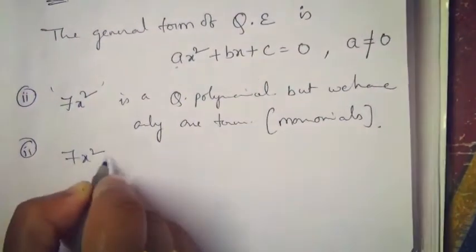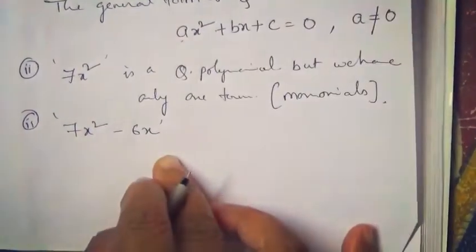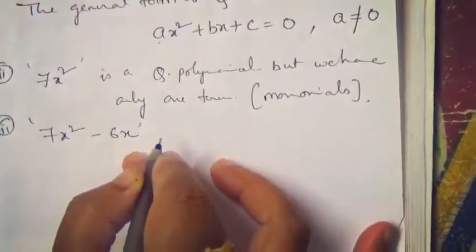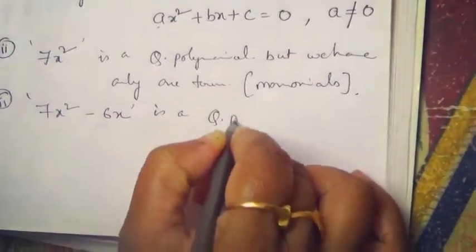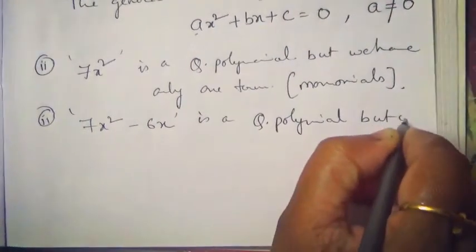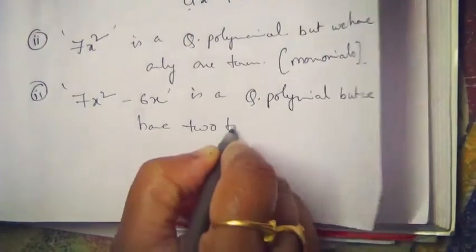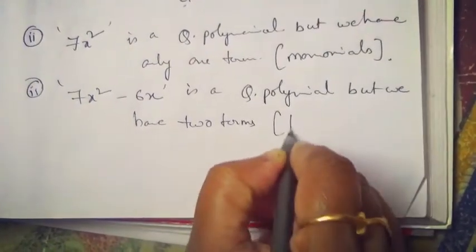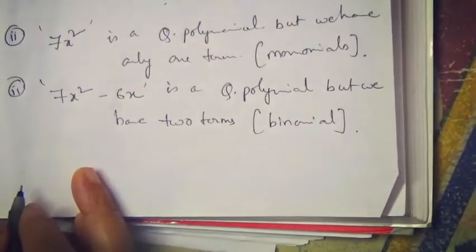For example, if we have 7x square minus 6x, is it a quadratic polynomial? Yes, because the power is 2, right? But we have two terms, hence it is a binomial.